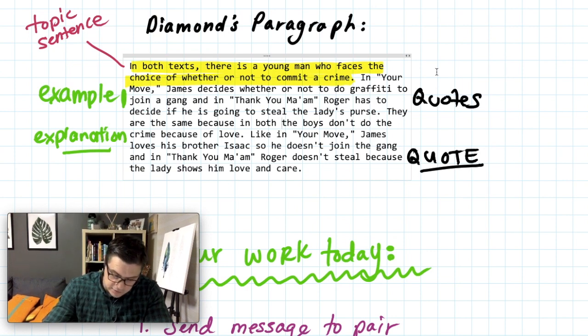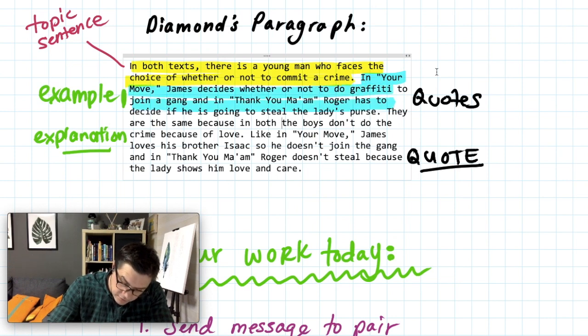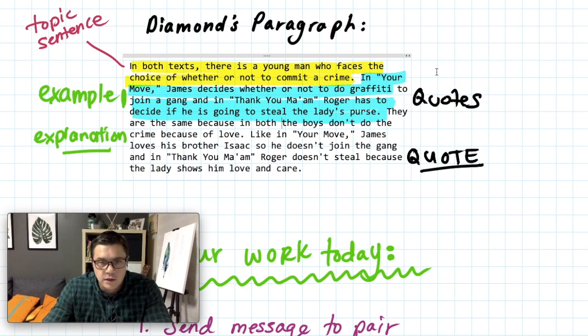Okay, so I would choose to look for quotes here, okay, to give the reader a clear picture of the choices that these characters were making.